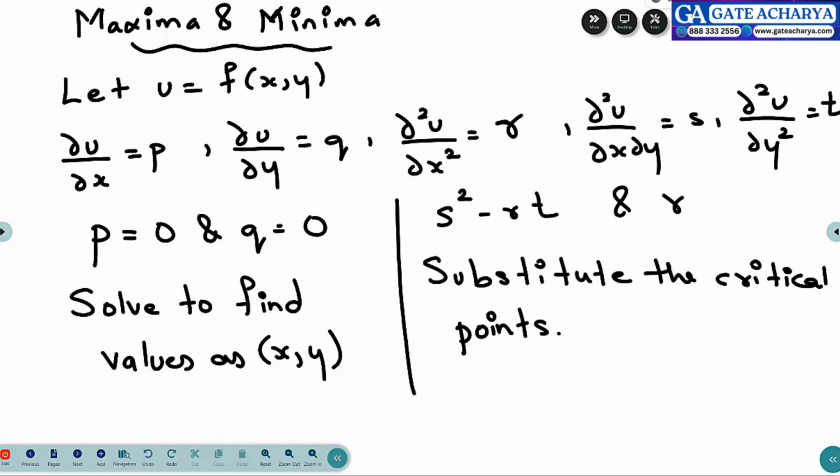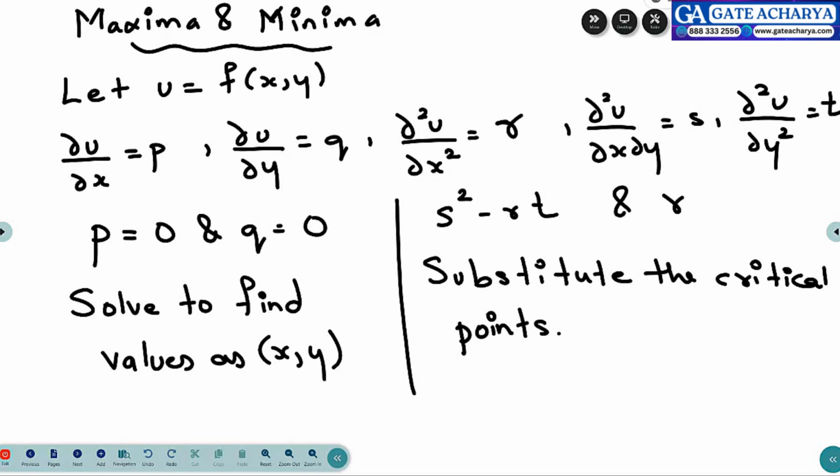So for maxima or minima, s square minus rt should always be less than 0. The r is the defining term. If r is less than 0, it is maxima. If r is greater than 0, it is minima. Understood? s square minus rt must always be less than 0. Next, third criteria: if s square minus rt is greater than 0, then the point is a saddle point.